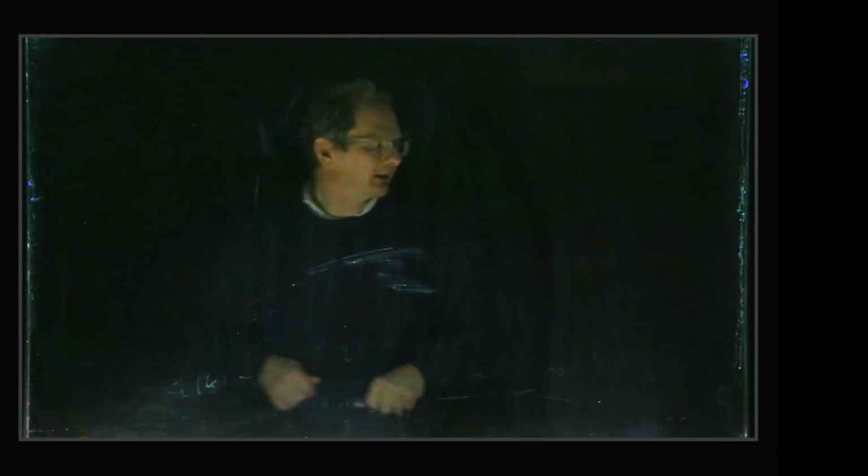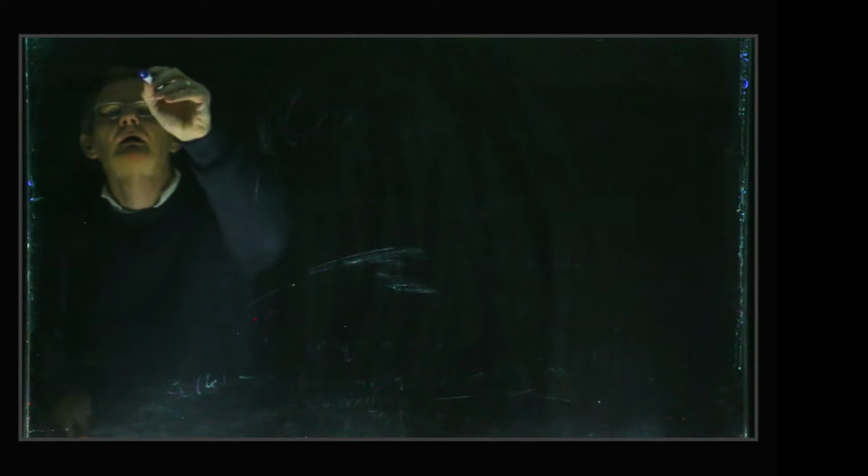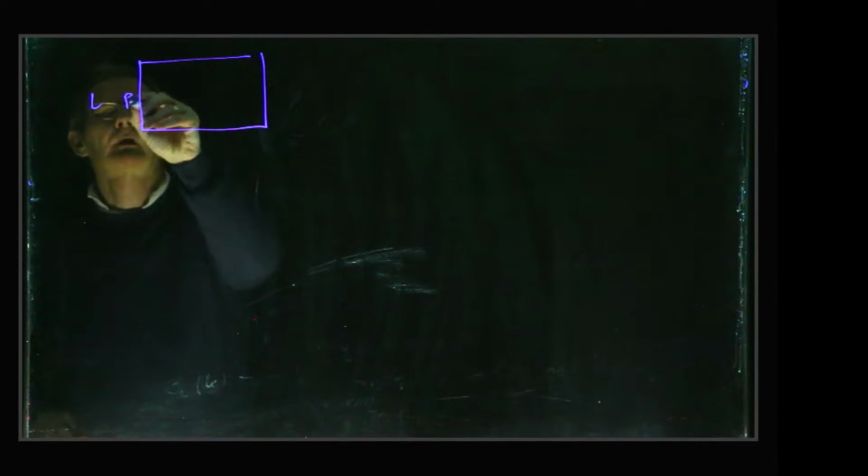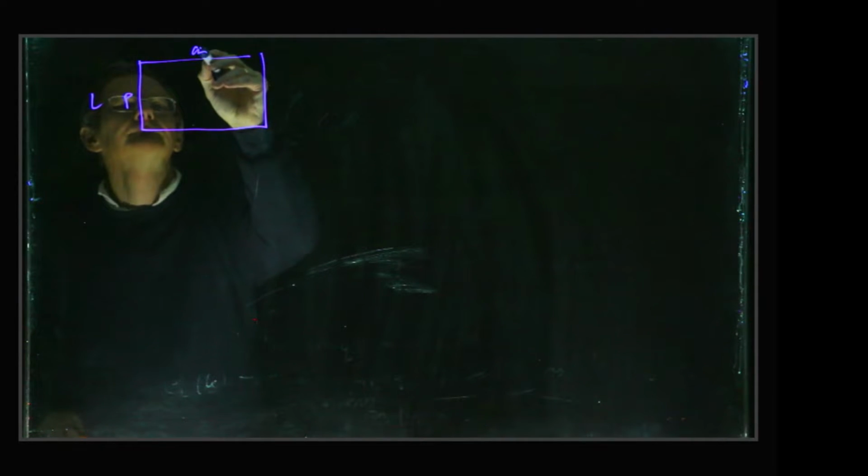Okay, so now we're going to suppose we're given our Latin rectangle here. It's p by q again.